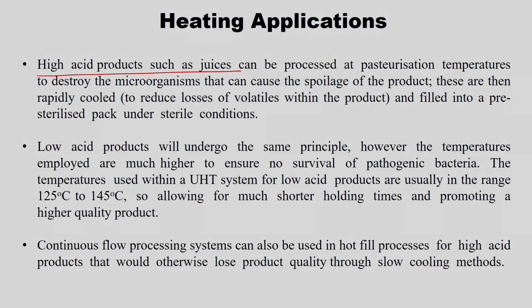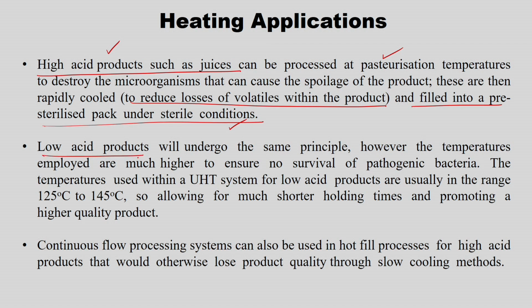They are then rapidly cooled to reduce the loss of volatiles within the product, and also to reduce the contamination of thermophilic bacteria, because when you slowly cool there may be a chance for recontamination. So, the cooling is done very rapidly and filled into a sterilized pack under sterile conditions. So, high acid products we pasteurize and pack in sterile conditions in sterilized packaging.